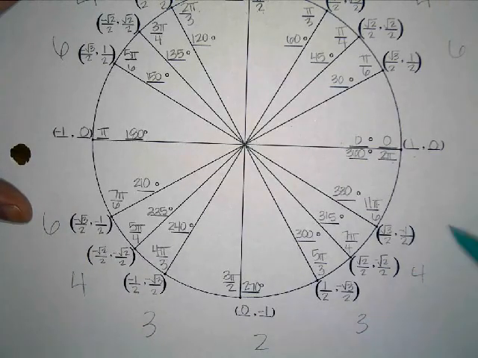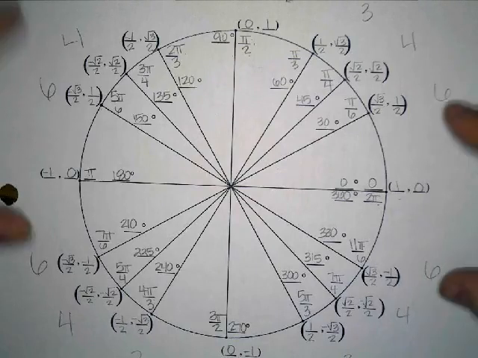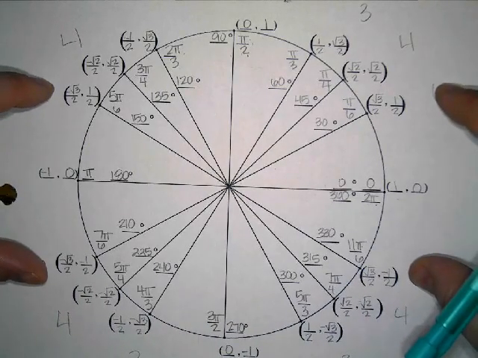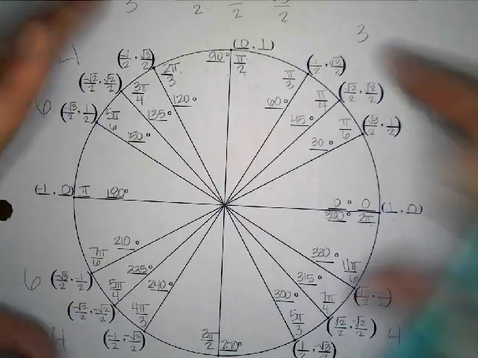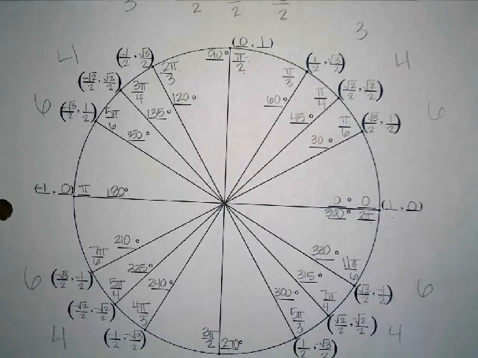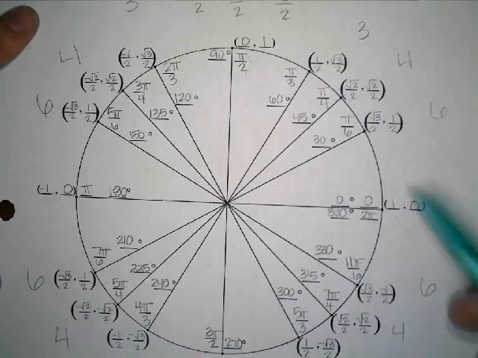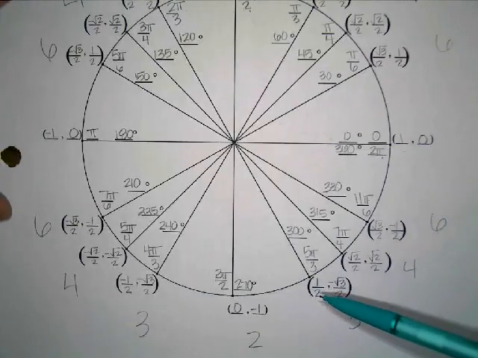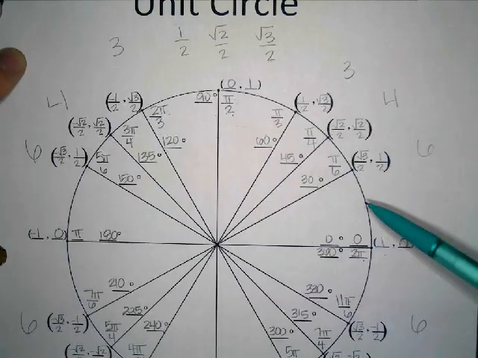So the 6ths are always closest to the x-axis, and the 1/3s are always closest to the y-axis. That's something that can kind of help you remember this if you don't want to count the fractions every time. So that can be beneficial.